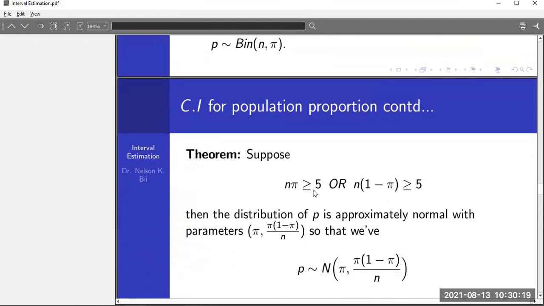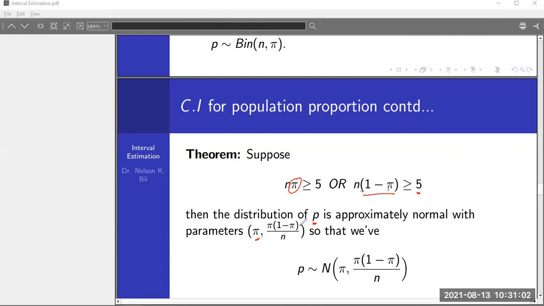If n times pi, where pi is the proportion of the population with desired characteristics, is greater than or equal to 5, or n times 1 minus pi, the proportion of the population without the characteristic of interest, is greater than or equal to 5, then we say the distribution of the sample proportion P is approximately normal with parameters pi, the proportion of the population with characteristics of interest, and pi times 1 minus pi divided by n.